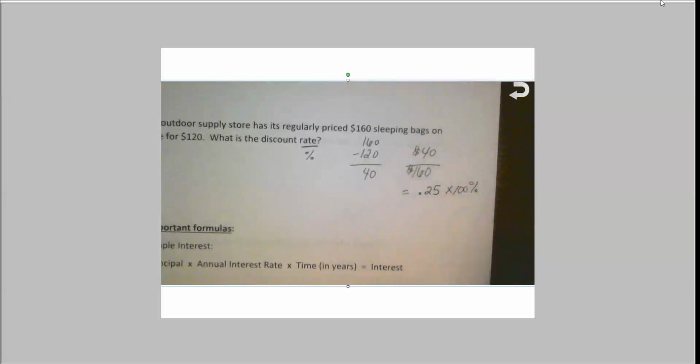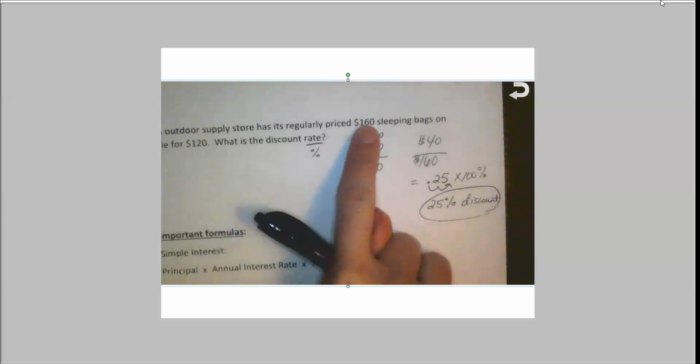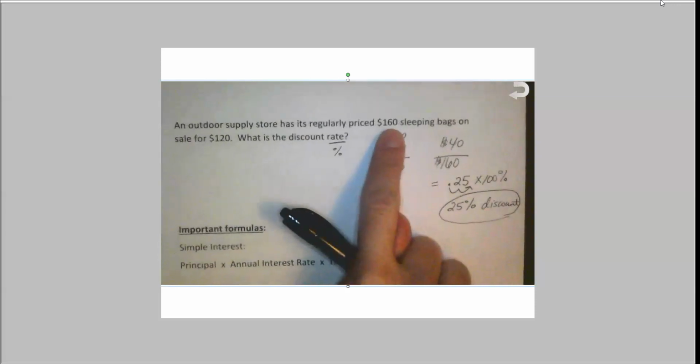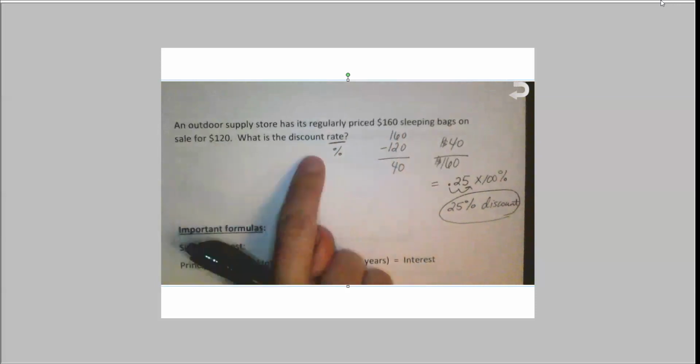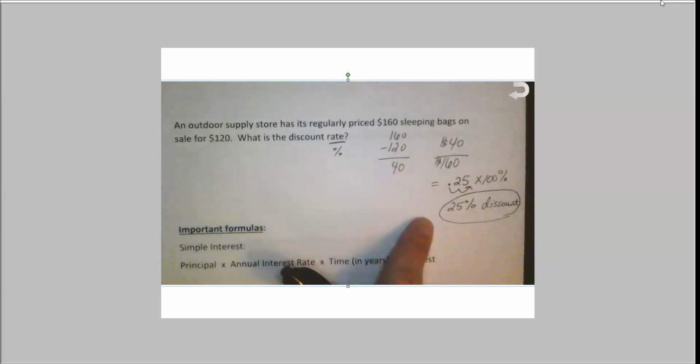Remember, I'm going to multiply that by 100%, which shifts that decimal 2 spots to the right, and that gives me a 25% discount. Okay, so that sleeping bag, which was $160, that's now on sale for $120, means it was at a discount rate of 25%.